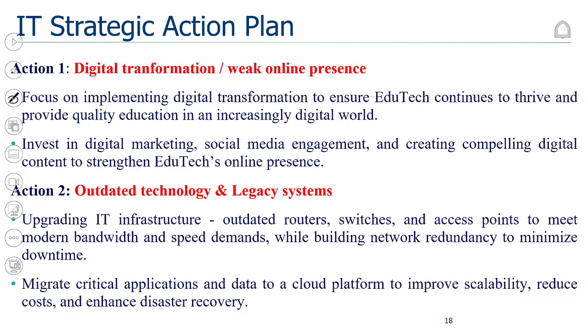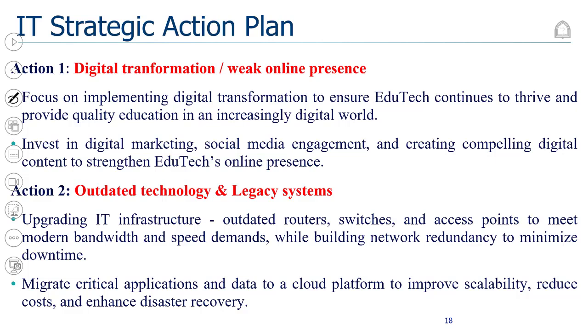Focus on implementing digital transformation to ensure that EduTech continues to thrive and provide quality education in an increasingly digital world, for example, okay? But you could also invest in digital marketing, social media engagement, and create compelling digital content to strengthen EduTech's online presence. Because remember, they had a problem with that, okay?